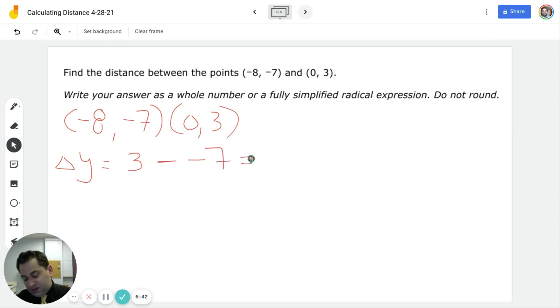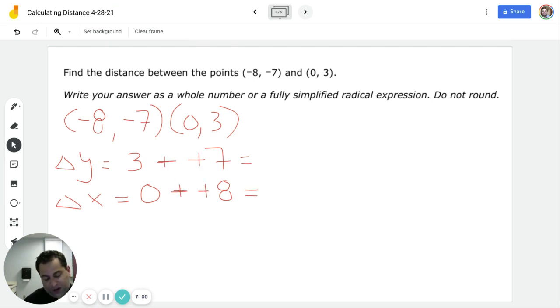Change in x is going to be 0 minus negative 8. Plus positive, plus positive. So here I'm going to have 7 plus 3 is 10. 0 plus 8 is 8.